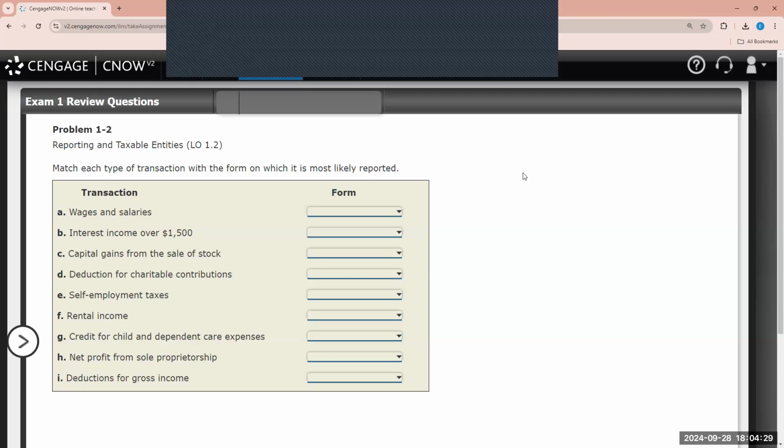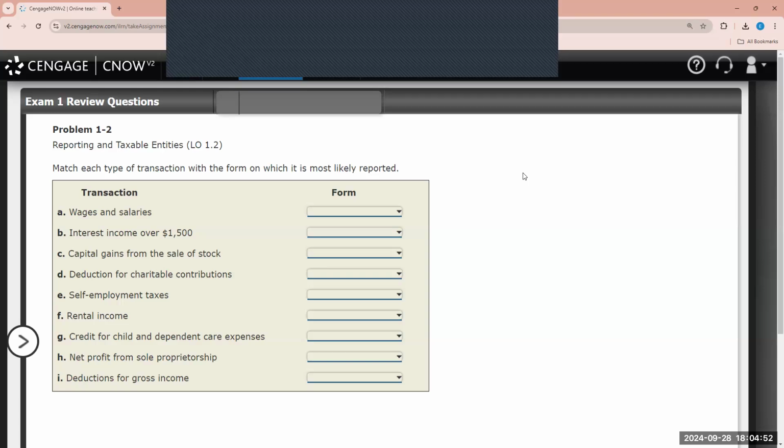But some less common items are reported on supplemental schedules and forms, and then those totals are carried from those schedules and forms to the Form 1040 or 1040-SR. We have what are called three supplemental schedules.